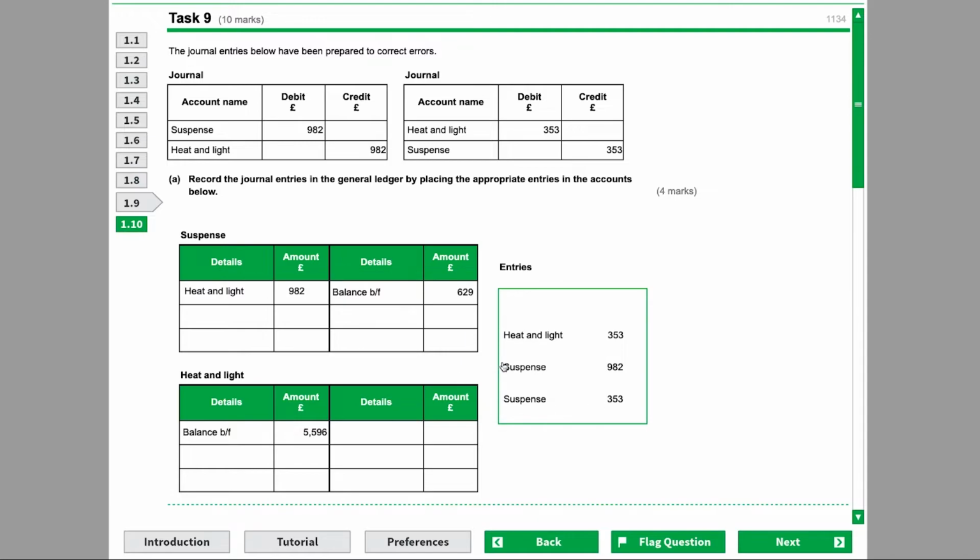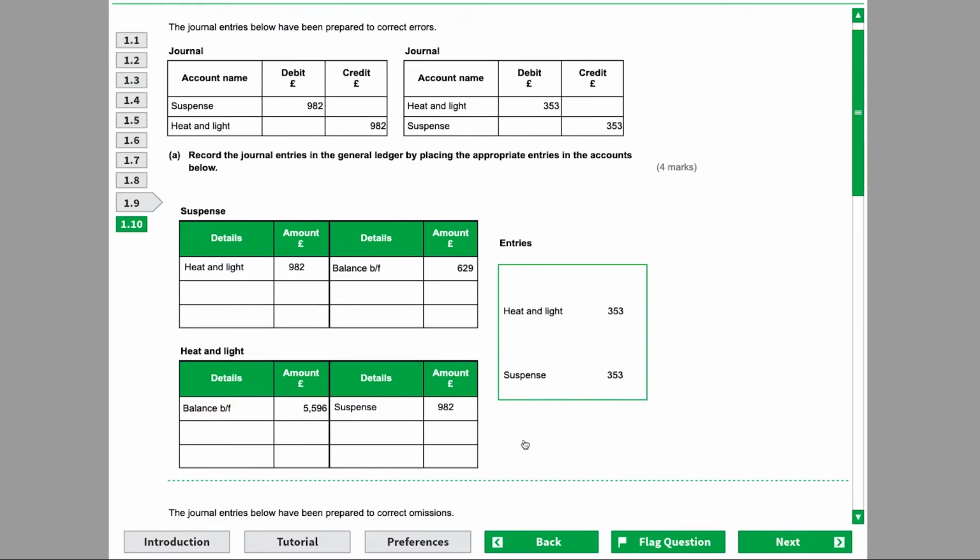So this detail has to be the other account that it's actually going to. So we go to heat and light and credit it for 982, which it tells us here.